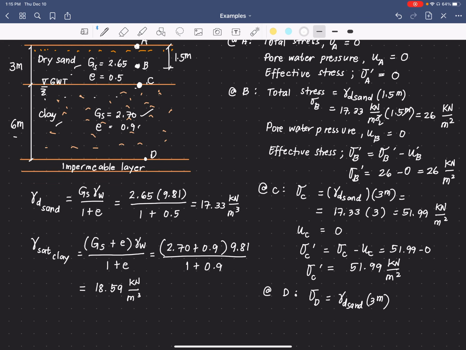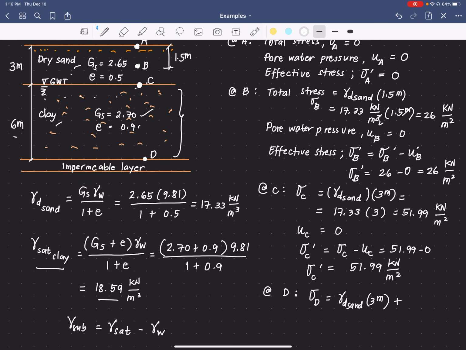Okay, that is the stress from point A to point C, plus this one at point D, this portion is considered submerged, so the unit weight that we need is the submerged. We have the saturated unit weight of clay, which is 18.59, and the submerged unit weight is equivalent to the saturated unit weight minus the unit weight of water.